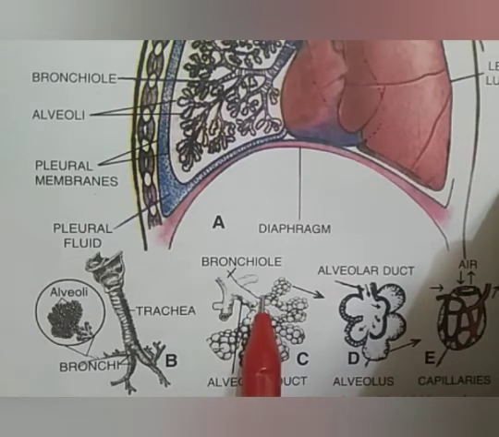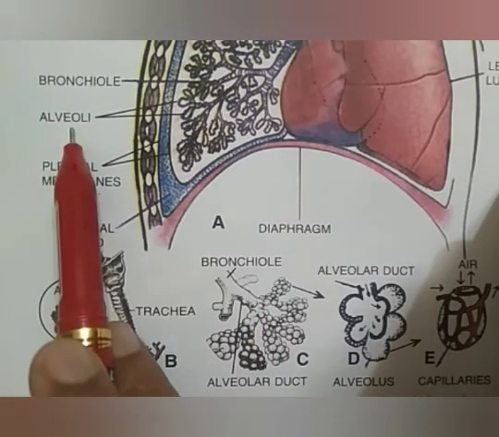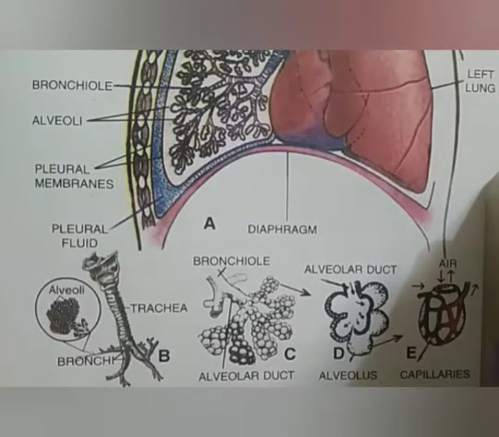This is called the air filled sac, known as alveoli, plural form, and alveolus is the singular form. Millions of alveoli are present in the lungs, and the main function of alveoli is to increase the surface area for the exchange of gases.